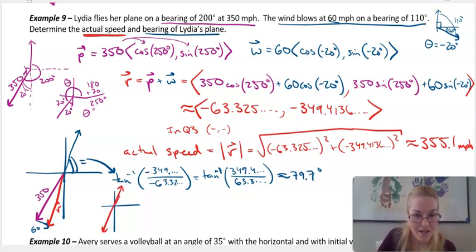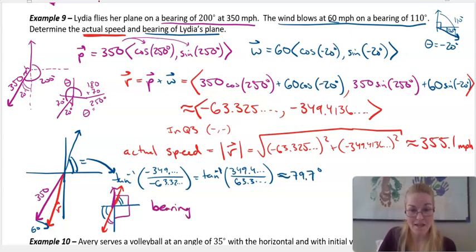So if I redraw this picture again, we've got our actual resultant vector, and then, assuming I can draw a straight line, this angle here is the same thing as that angle there, yeah? So what is my bearing? My bearing is going to be from true north. So I want to go 90 plus another 90, right, plus this much more. So there's 2 ways you can think about this. I'm going to say my bearing is actually 270 degrees.